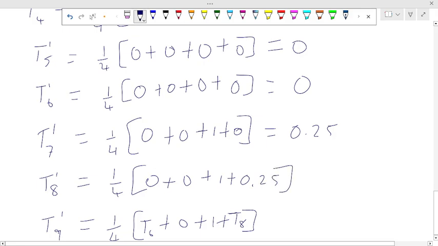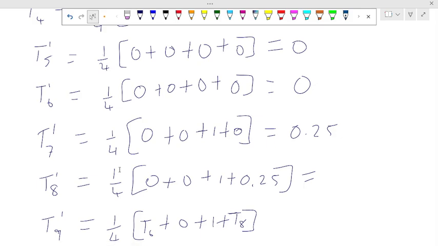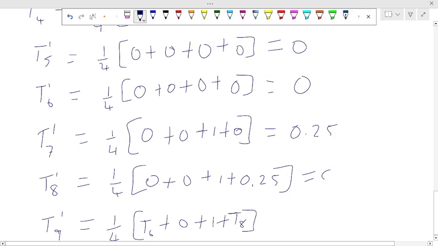Now we have a lot of numbers coming up. So this plus 0 plus 0 plus 1 plus 0.25 will give us 1.25 multiplied by 1/4. That will result in 0.3125.